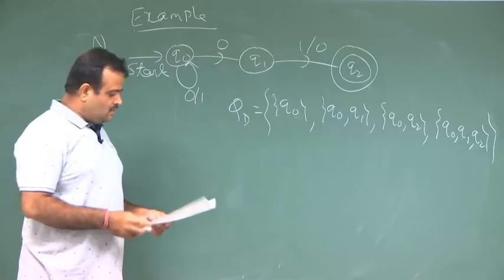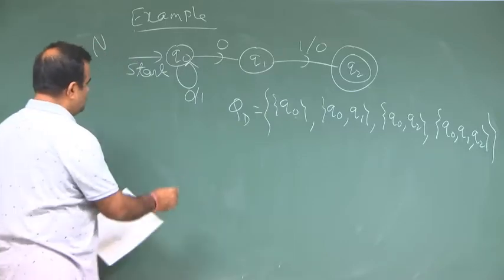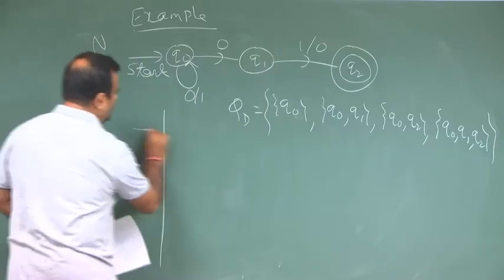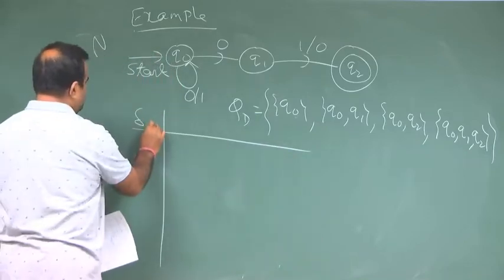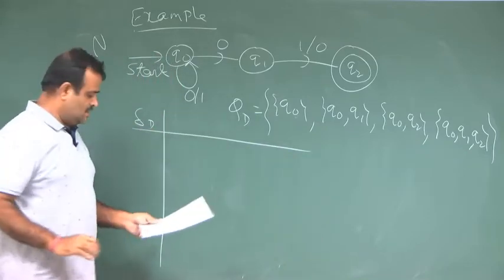Now, regarding the rules, we can just write these states. This is the delta D we are getting.